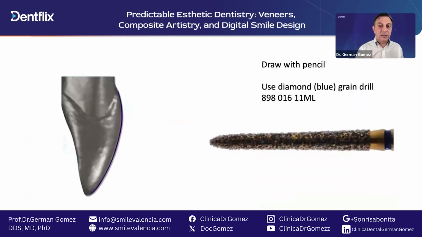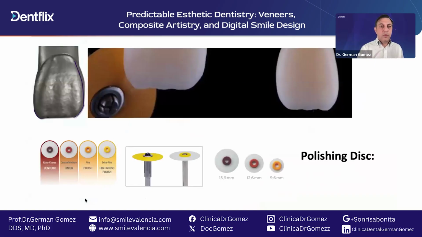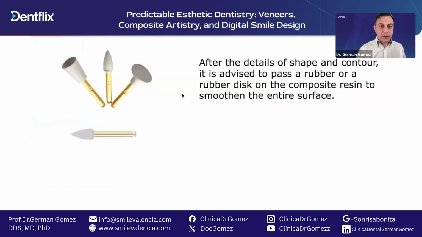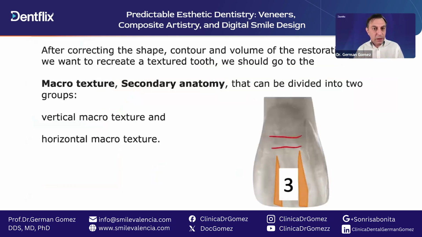The second thing is you give the contour with a burr, the 3 planes, and then with a polishing disc, you do these embrasures. Once you have done that, you polish over everything again with a polisher. Then you go to the secondary anatomy, which is this vertical and horizontal macro texture.